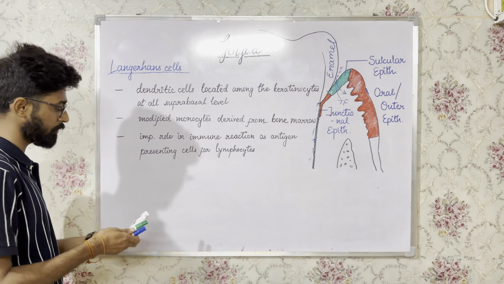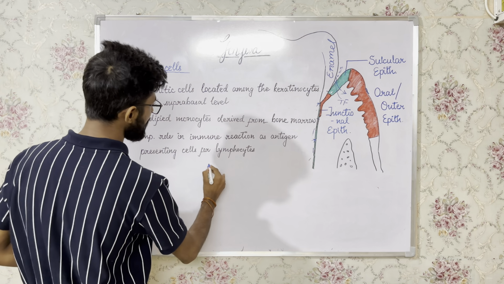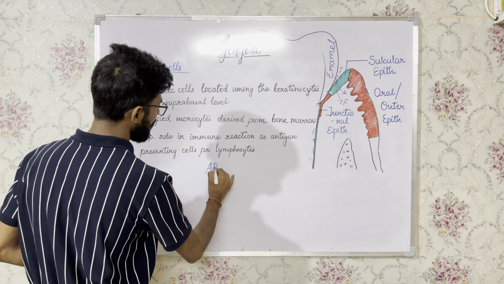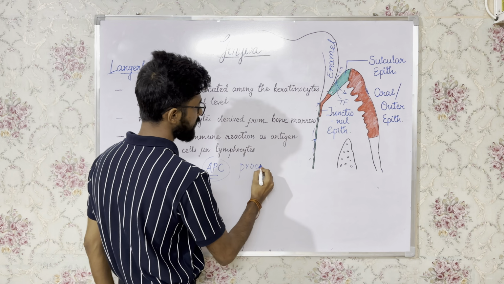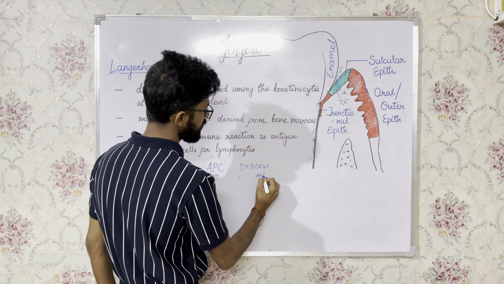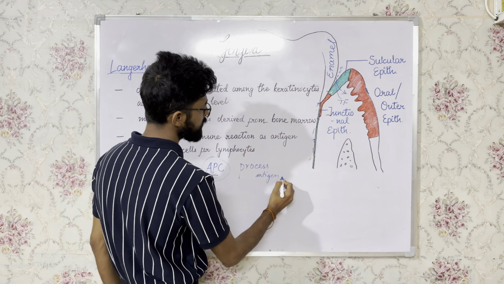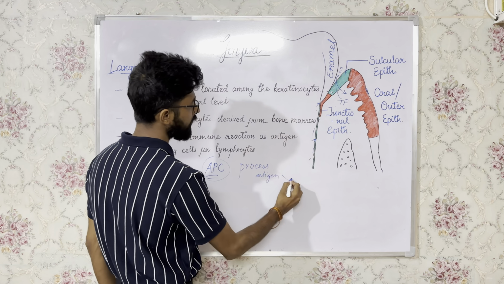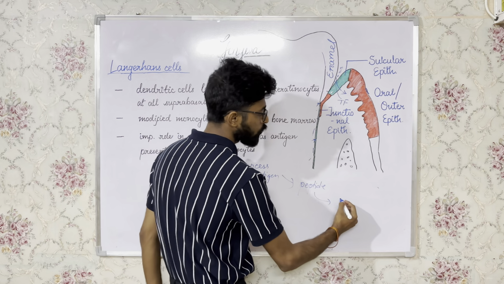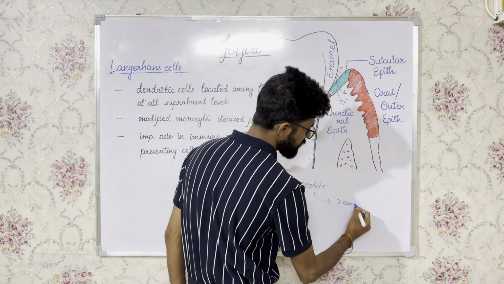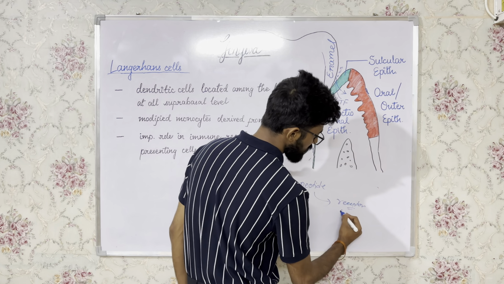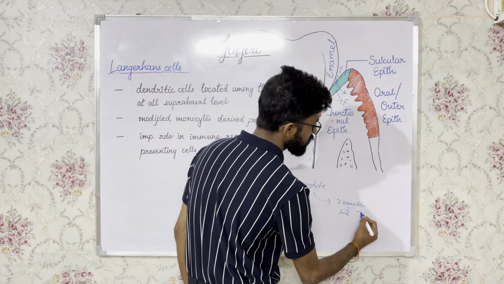Now there is this term called antigen presenting cells, APC. Antigen presenting cells, what they do, they process the antigen. Whatever antigen is coming, they process the antigen and then break them into peptides, and they mediate their transfer to the receptor sites in the lymphocytes or T cells.